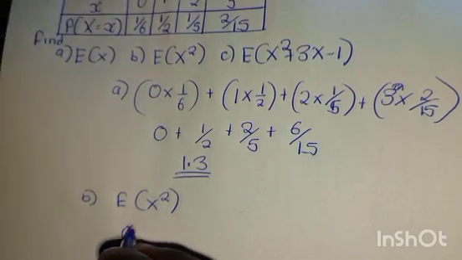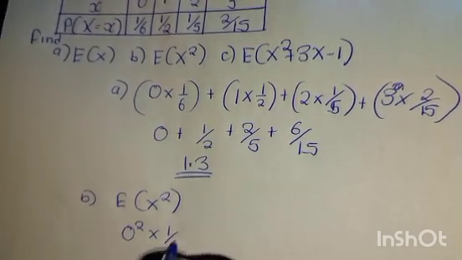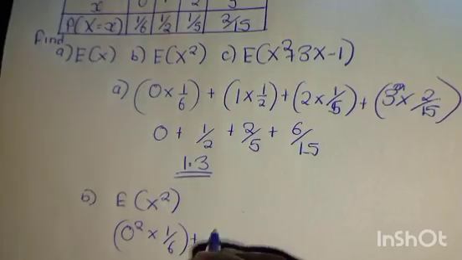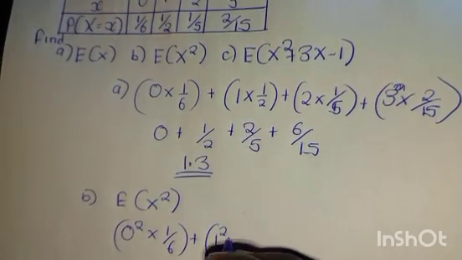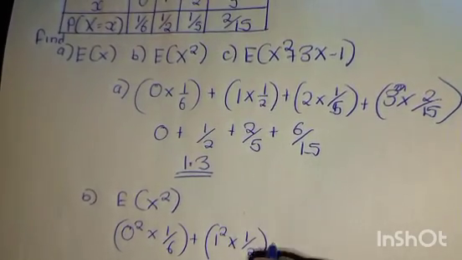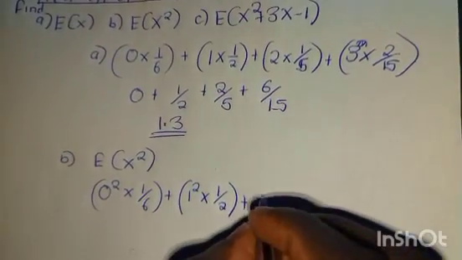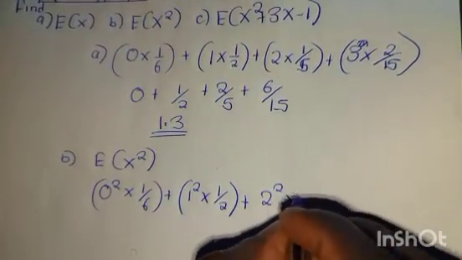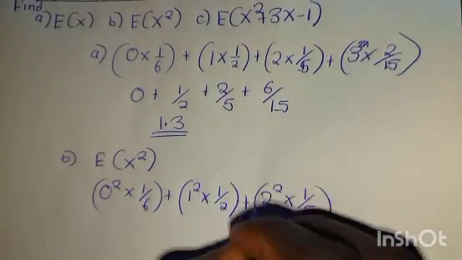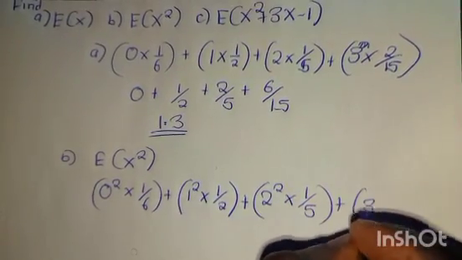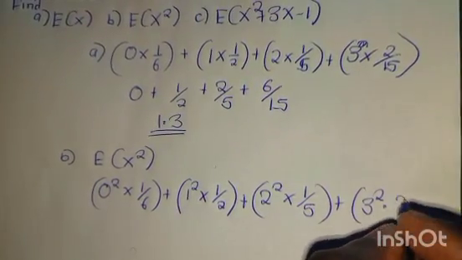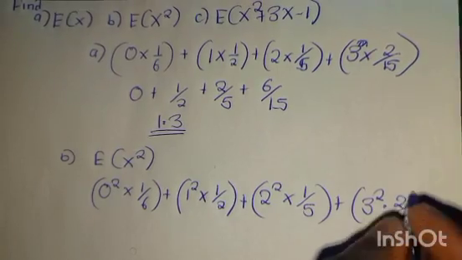So we have 0 squared multiplied by 1 over 6 plus 1 squared multiplied by 1 over 2 plus 2 to the power 2 multiplied by 1 over 5 plus 3 squared multiplied by 2 over 15.